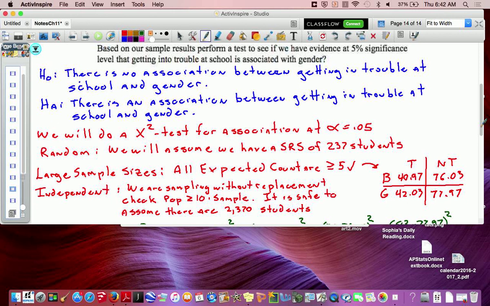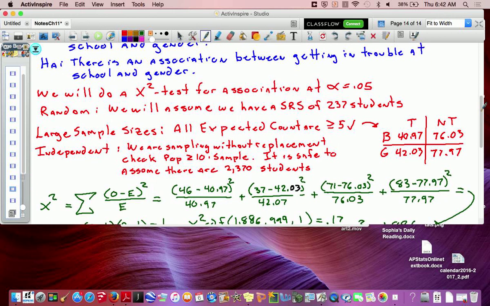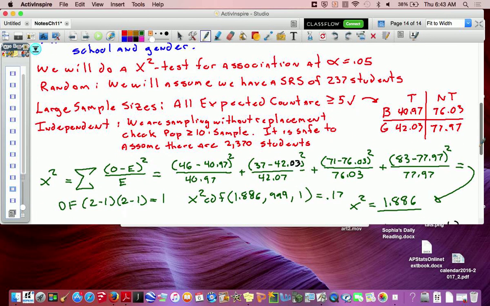So I actually write all of the fractions out: observed minus expected squared divided by expected. So I do each and every single one of these. Again, I think I showed you in the last video, you can do list 1 minus list 2 squared divided by list 2 and let your calculator do a lot of the work for you. Okay? I would highly encourage you to do that.